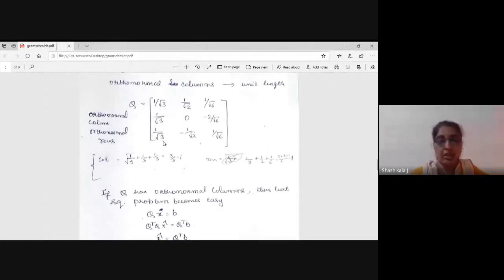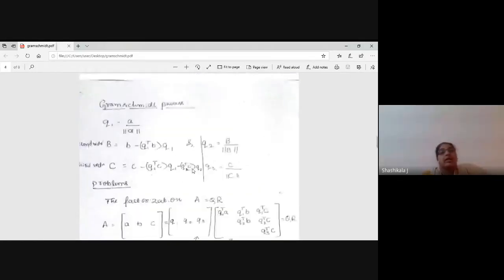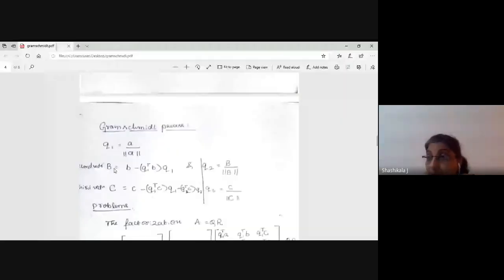Similarly here, row 1, when you compute it, you are going to get 1. So it is orthonormal columns and orthonormal rows. And the algorithm will convert the non-orthogonal columns into orthonormal columns.